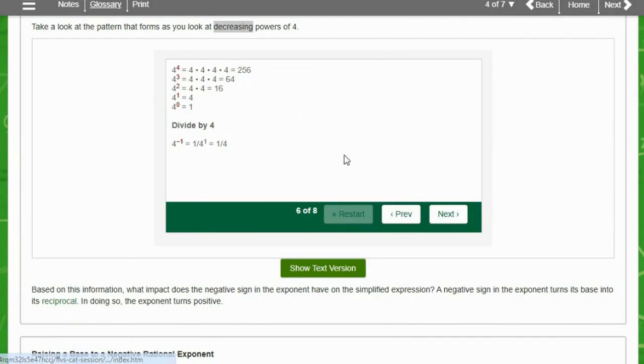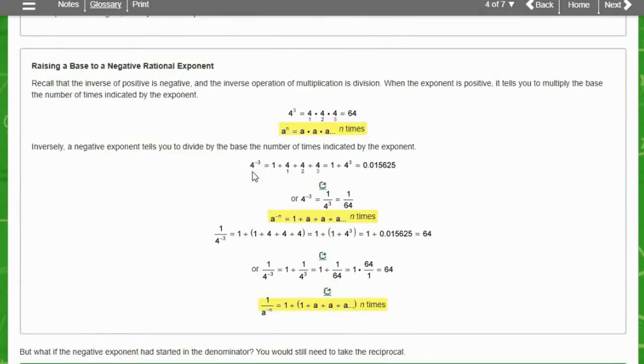So in negative exponents, if we divide by 4, we get 1/4. If we have 4 to the negative 2, now it's 1 over 4 to the positive 2, or 1/16, and 1/64th. It continues on.